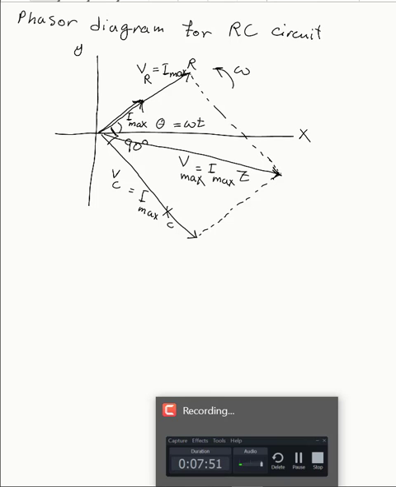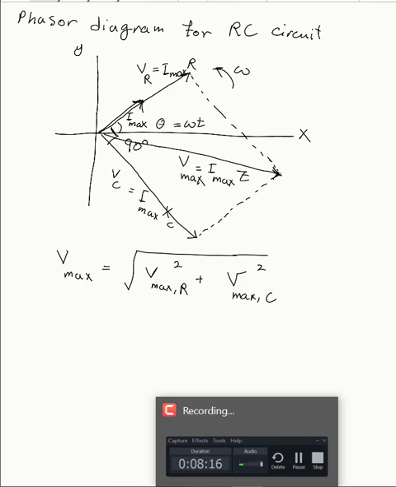So it makes sense to write that Vmax is the vector summation of Vmax across the resistor squared plus Vmax across the capacitor squared.